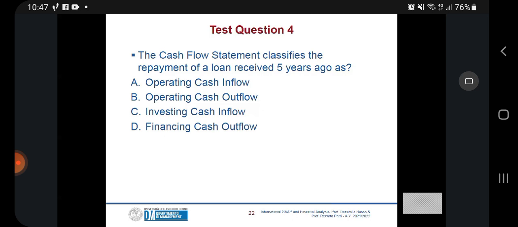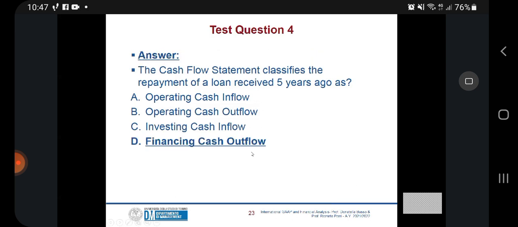Now, this is the repayment of a loan received 5 years ago. When I received the loan 5 years ago, I had an inflow. Now that I'm repaying the loan, I have an outflow. So first, it's an outflow. Is it operating, investing, or financing? It's easy, it's financing, cash outflow.